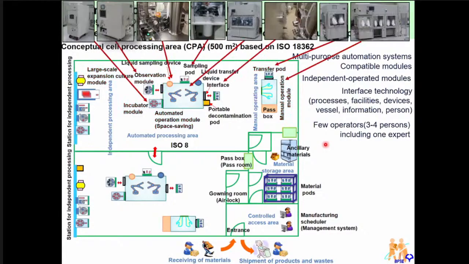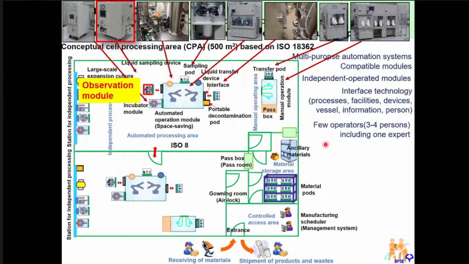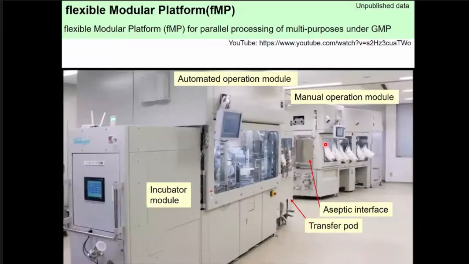We developed many instruments for each, supported by the Japanese government and by ourselves. And for sampling of the medium, something like this, we also put in a sampling device to measure something. Also, observation, as I mentioned, is important. We prepare the incubator with a microscope or observation system.